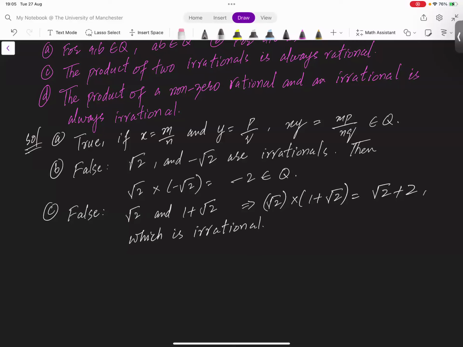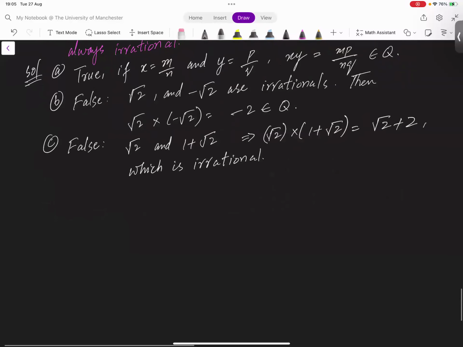Perfect. Part D: the product of a non-zero rational and an irrational is always irrational. And this is true. So prove it by contradiction.